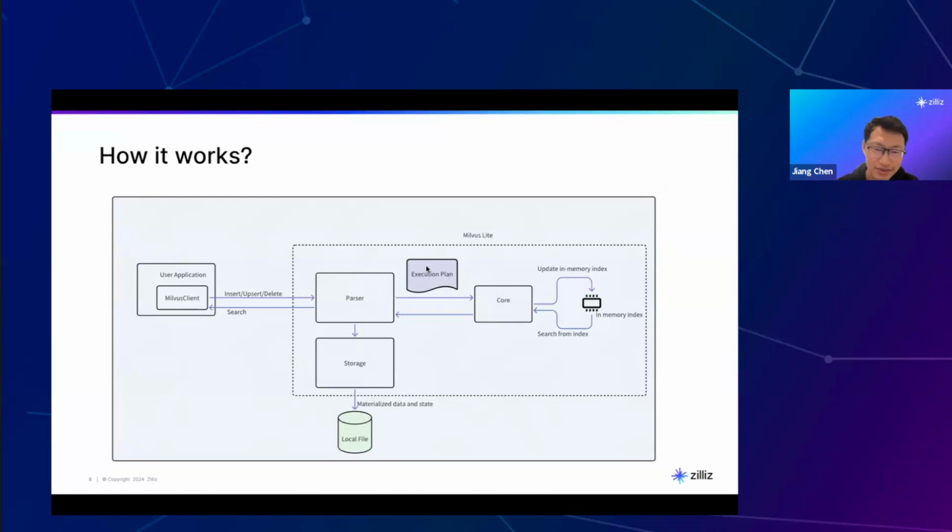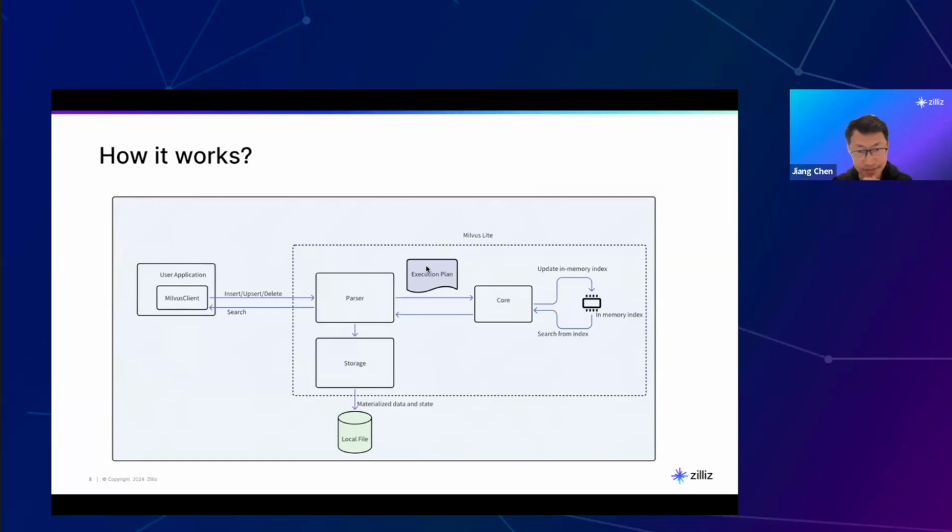However, that's not necessary for most AI applications, which are in a very early stage. Simply, I don't have much data. I don't even have, say, 1 million vectors, or I don't want to think about scalability at this moment. My first priority is to move fast, or I just want to learn about the AI technical stack. I just want to learn how to build RAG rather than having to install, say, Docker or Kubernetes as a prerequisite.